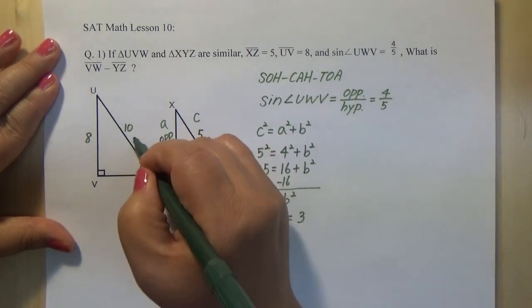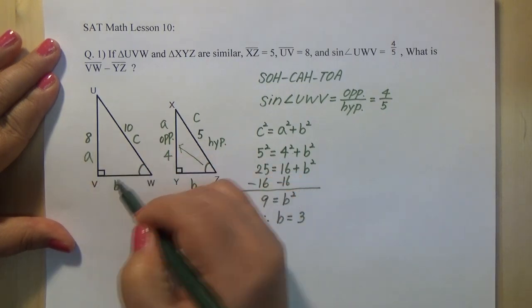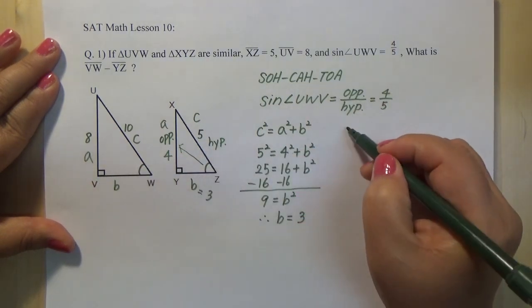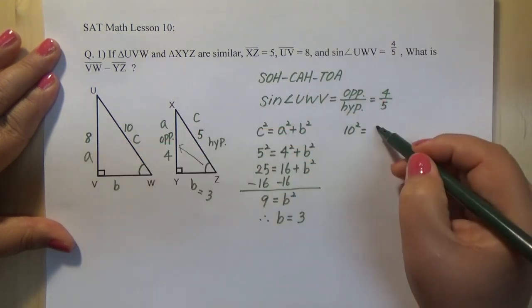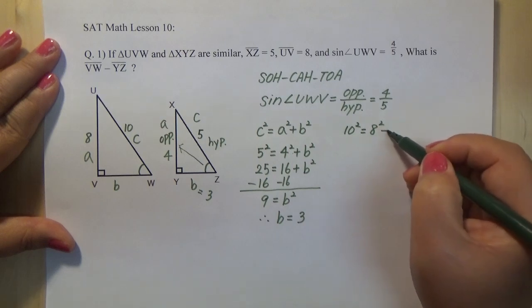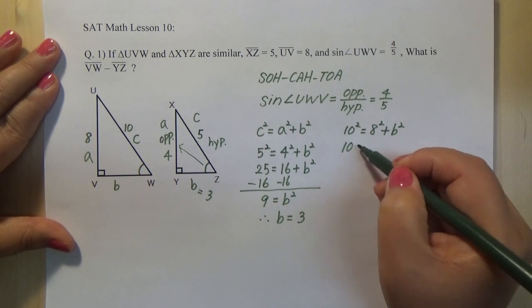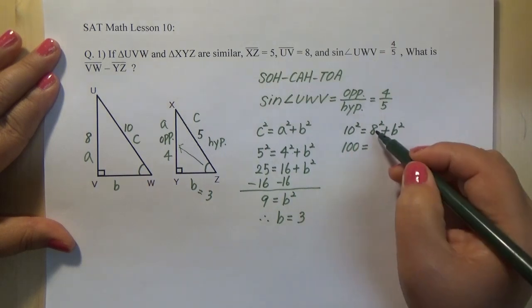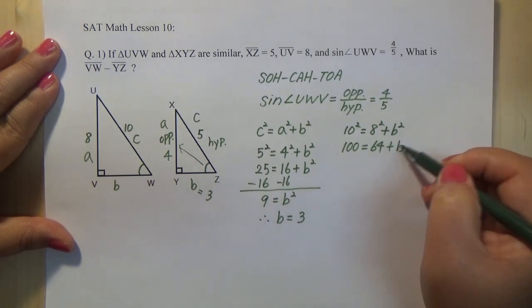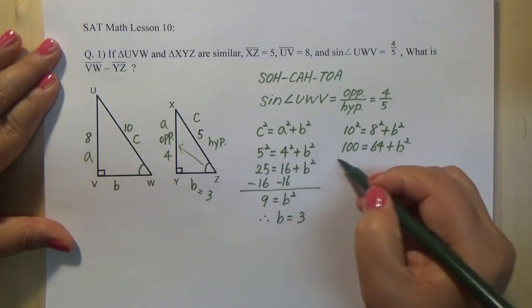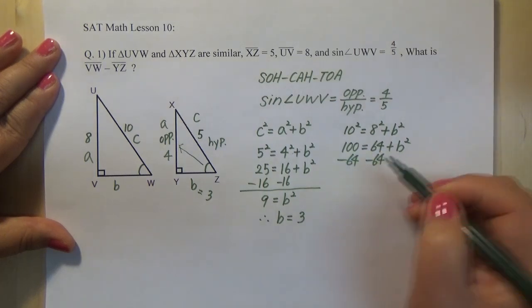And now we have to find VW. Same thing as this one. C, A, B, and C is 10, and 10 squared is equal to 8 squared plus b squared. So 10 squared is 100, equal to 8 squared which is 64, plus b squared. And then we're going to subtract 64 from both sides.